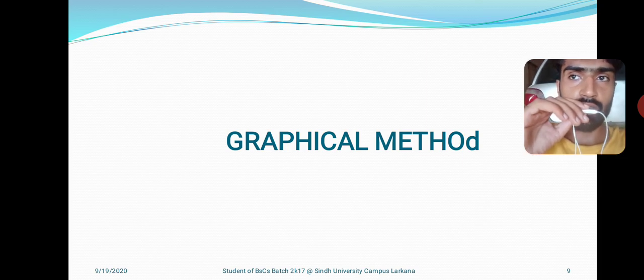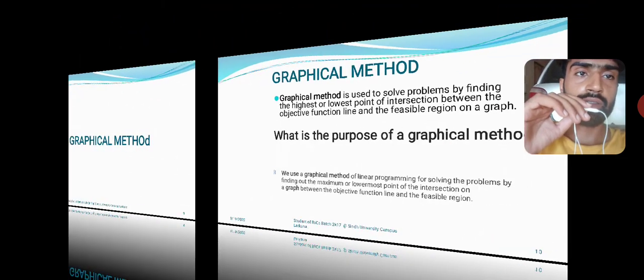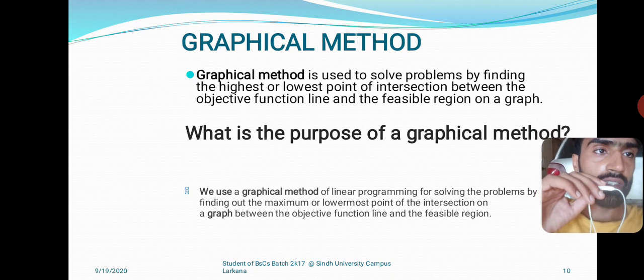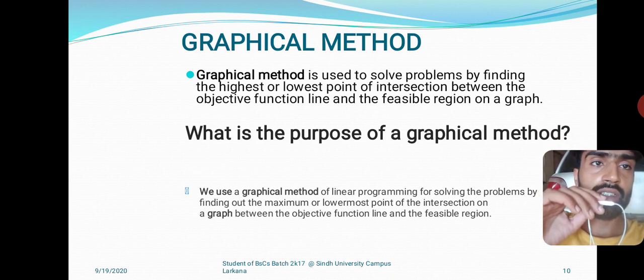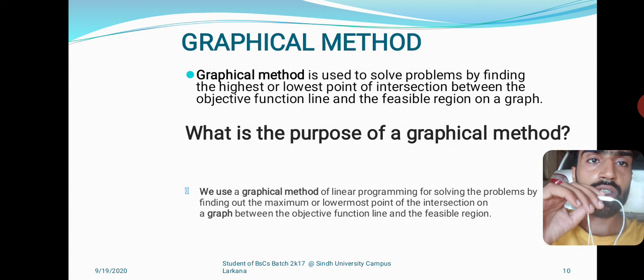Graphical method. The graphical method is used to solve a problem by finding the highest or lowest point of intersection between the objective function line and the feasible region on the graph.